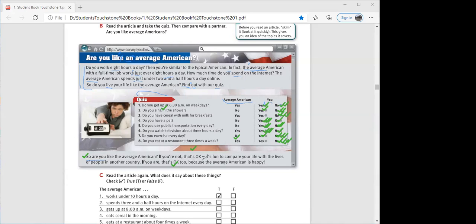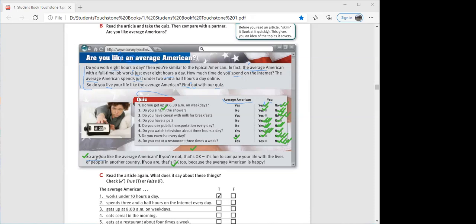It's fun to compare your life with the lives of people in another country. If you are, that's okay too, because the average American is happy.